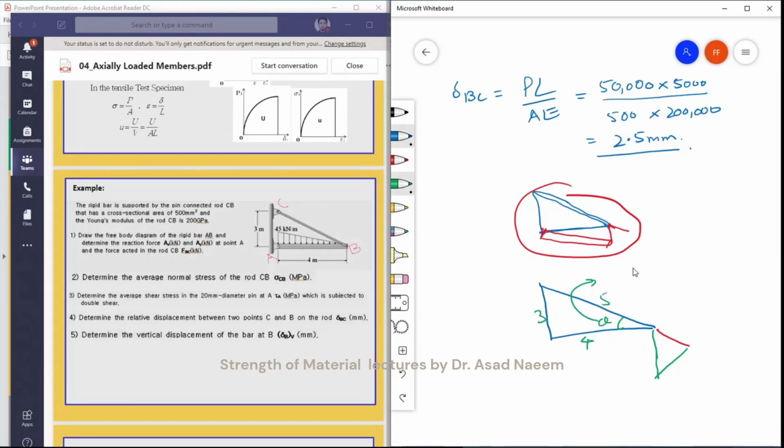So we can calculate theta using tan inverse, which will be 3 over 4, and this comes out to be 36.87. Similarly, this theta will be equal to this theta because of corresponding angles. Or you can calculate the angles simply because this is 90 degree and this is also 90 degree, but it's simple corresponding angles, so theta will be equal to this theta.